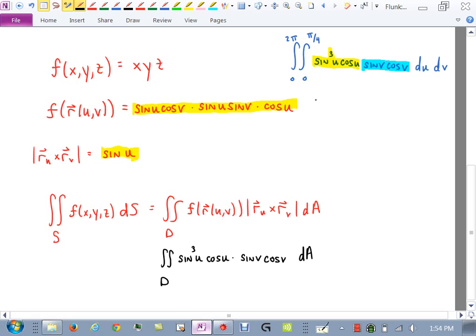So if you do those separately, this first one would be 1/4 sine to the 4th u evaluated somewhere. I'll let you think about that. Times this one will be 1/2 sine squared v evaluated somewhere. So I split it into two separate integrals and multiply the answers together. Which limits go on the u one here? 0 to pi over 4. And over here, 0 to 2 pi. What's that?